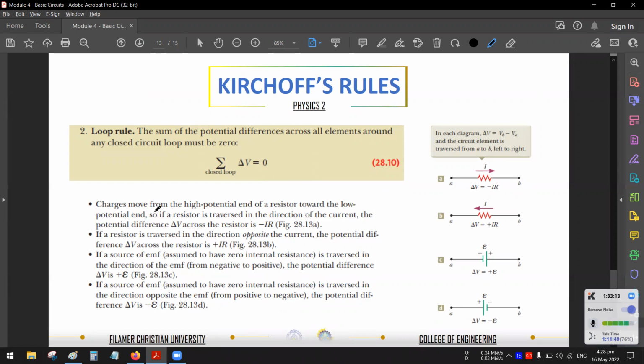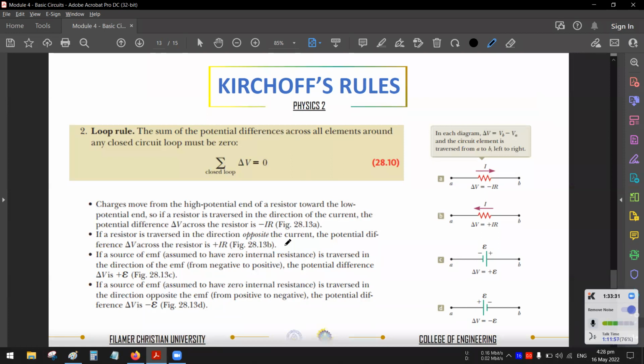Charges move from the high potential end of a resistor towards the low potential end. So, if a resistor is traversed in the direction of the current, the potential difference across the resistor is negative.